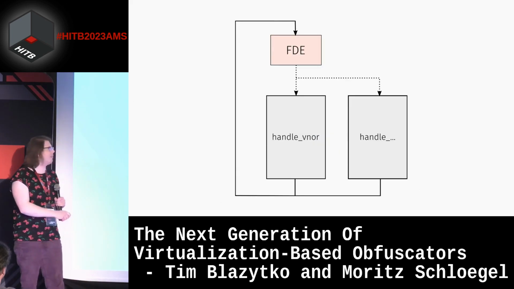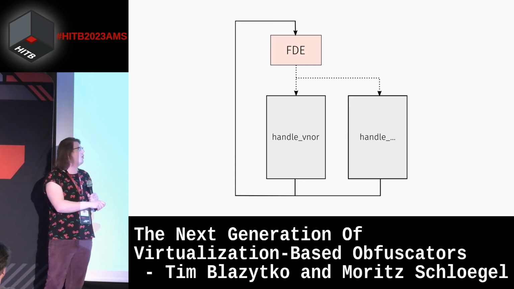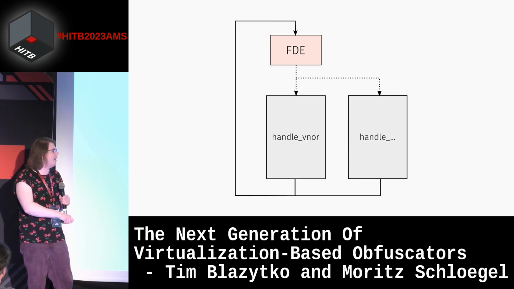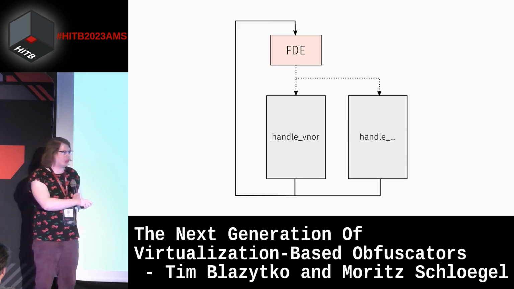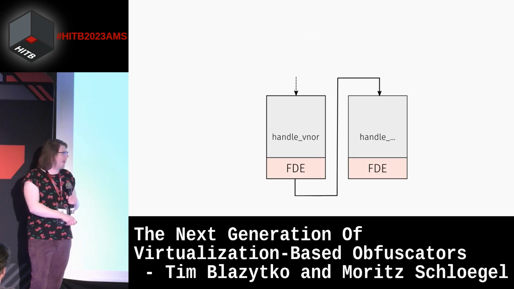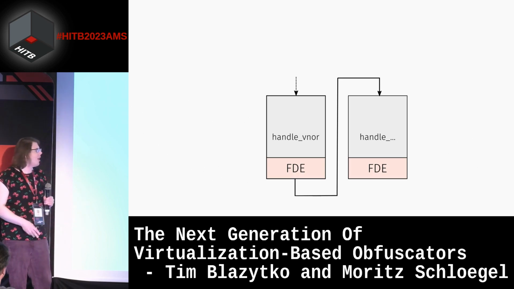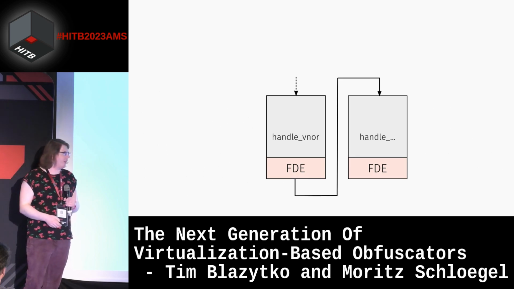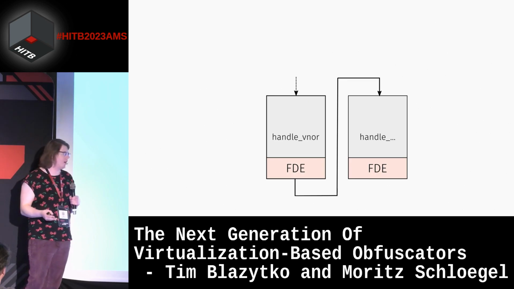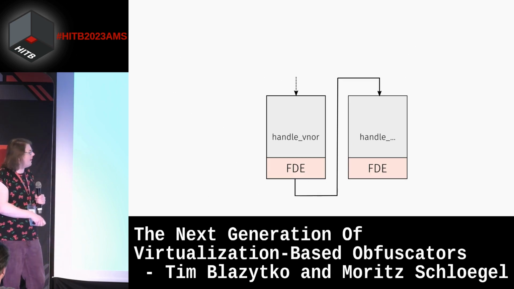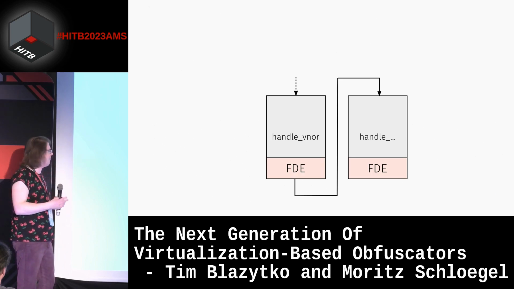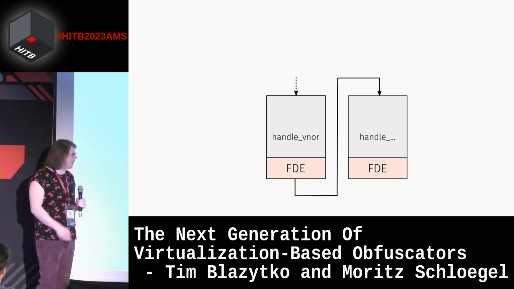So instead of having something like that, where the fetch, decode, execute loop of the dispatcher is connected with all different handlers, and these all jump back to the same dispatcher, what we instead do is inline the dispatcher at the end of each handler, creating some overhead in size, but also making it more performant on the execution level, because you reduce a jump. So basically, with that, you don't have this central data structure anymore, which can be easily instrumented.